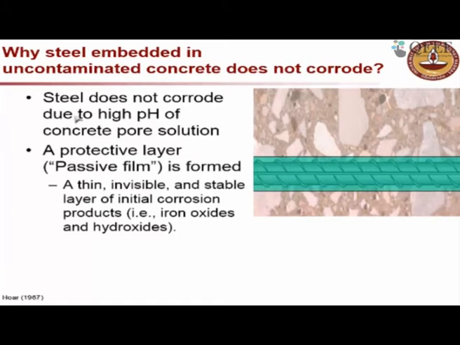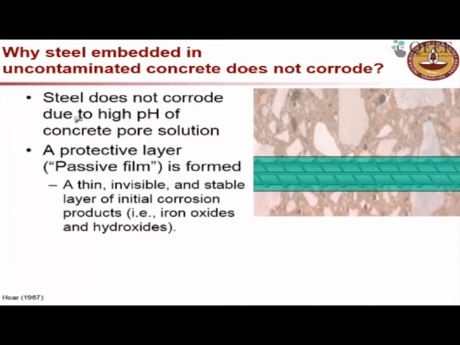Now, the moment you put the steel in concrete, it first reacts with the immediate pore solution or immediate cement available, and it forms a very thin layer, which we call the protective layer or passive film, on the steel surface. This layer has a peculiar feature: it is very thin and invisible, we cannot really see it, and it is very stable and dense.